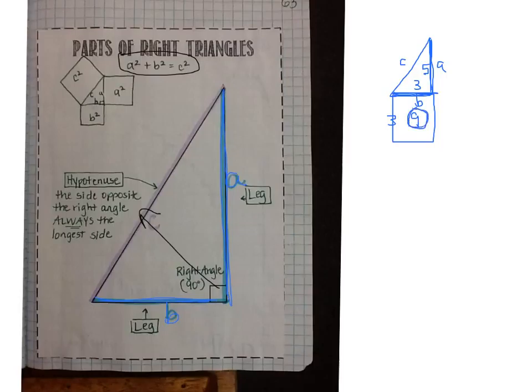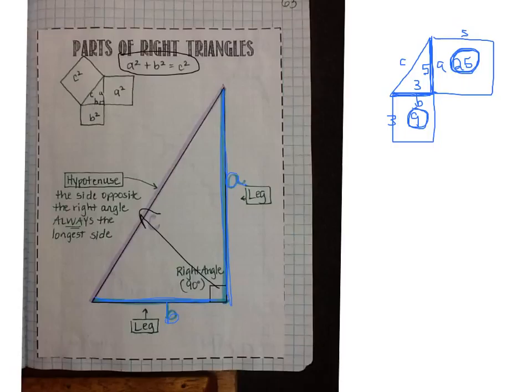Then he did the same thing for the a leg. He made a square that would fit along its length. If it's 5, it'd be a 5 by 5, which would make the area of that square what? 25. Good. Then he cut up the 9 square and the 25 square into little units.